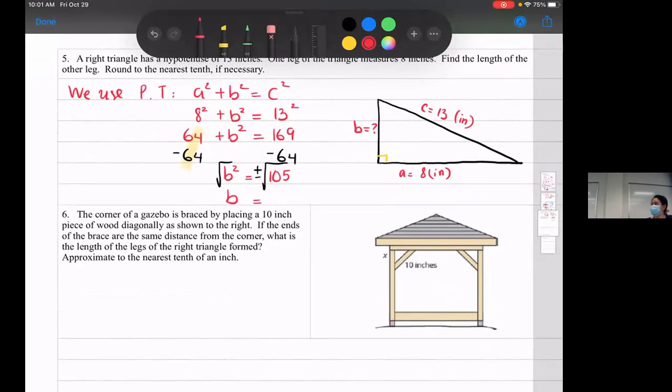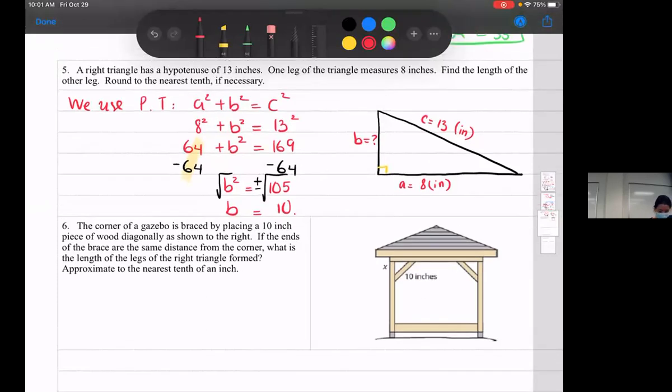What do you get for the square root of 105? Round to the nearest 100th, which means two numbers after the decimal. Do you have a calculator with you?